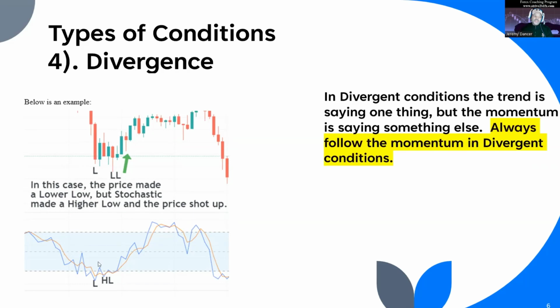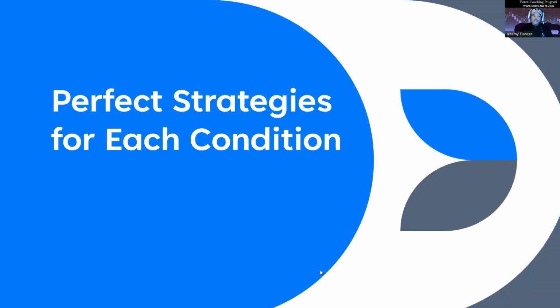But then if you look at the momentum, this is the stochastic indicator. You can see that the stochastic is making a low and then a higher low. So the momentum is going up when the trend looks like it's going down. And then it's pretty obvious to see what happened with that green arrow. The price actually went up.